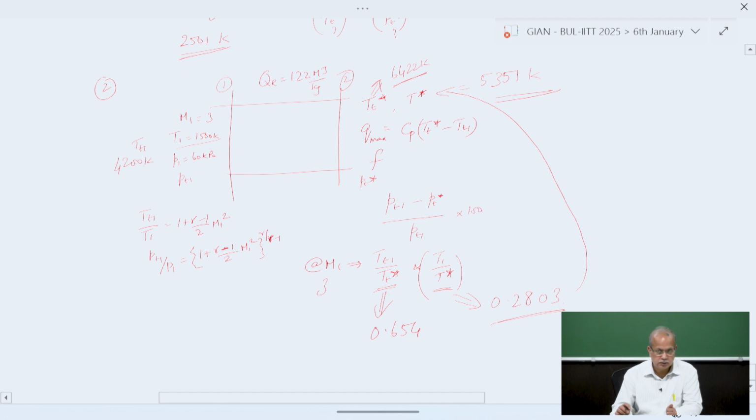So what is Qmax? Somebody said 2 point. So Qmax is 2.23 megajoule per kg.